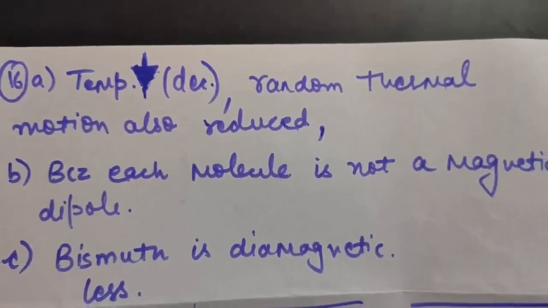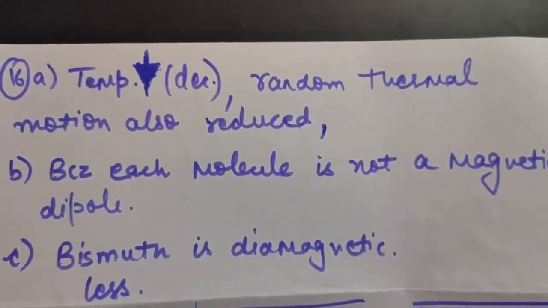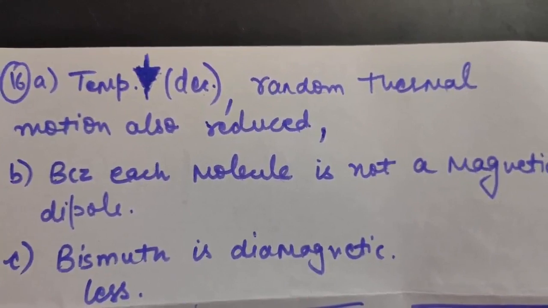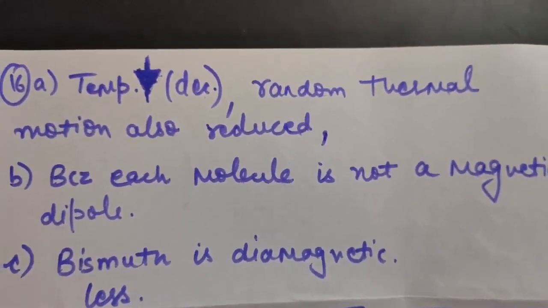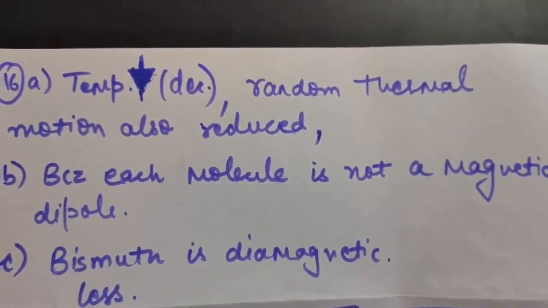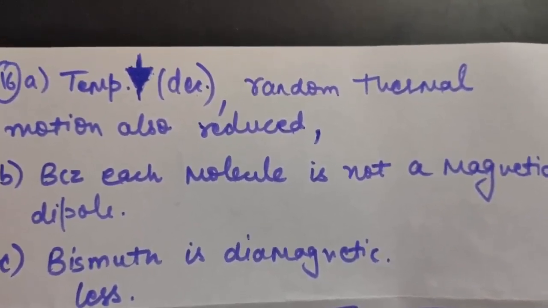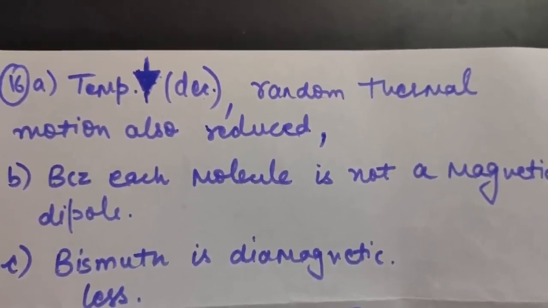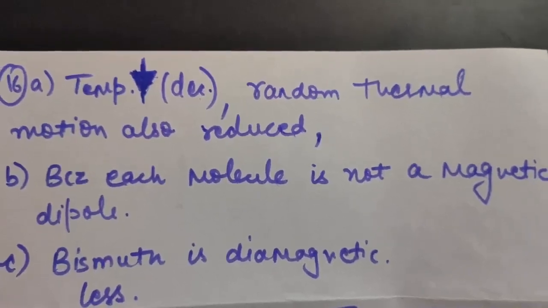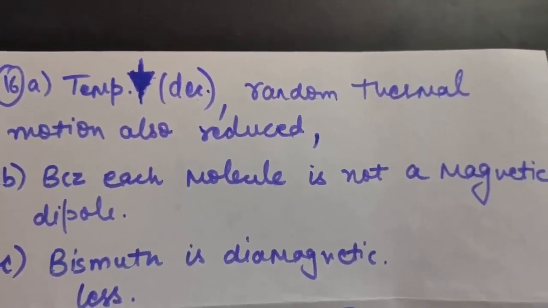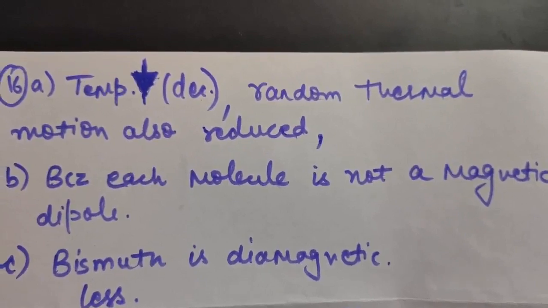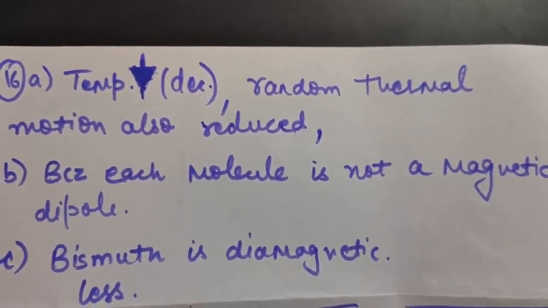Okay, the D part says, is the permeability of a ferromagnetic material independent of magnetic field? So its answer is no, because as I have told you, susceptibility of a ferromagnetic material is inversely proportional to temperature, and mu r is 1 plus chi. If chi depends on temperature, then mu will also depend on it.